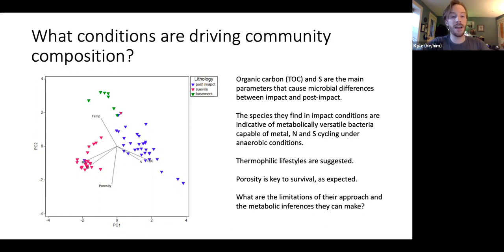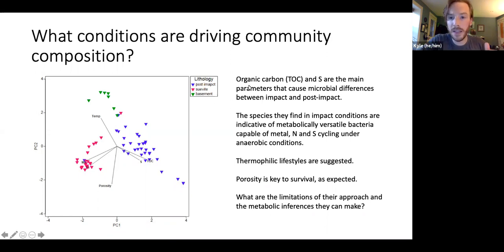So they quantified the porosity, the chemistry, looking at sulfur and metals like manganese and iron. They also quantified the amount of total organic carbon, which is what TOC stands for, and the temperature. And then by drawing these lines on this principal component analysis, they're able to show which of these factors are most driving the community composition in these particular samples.